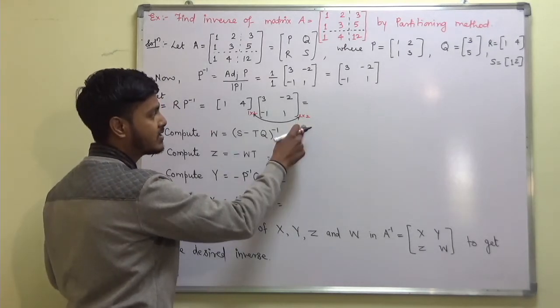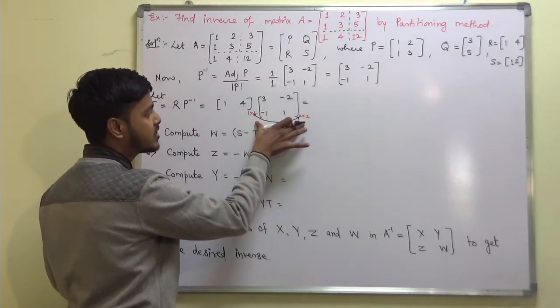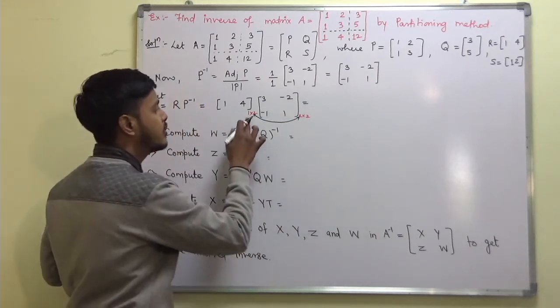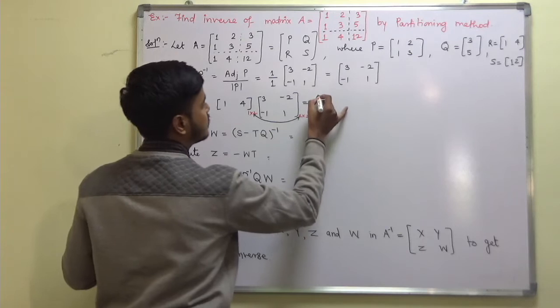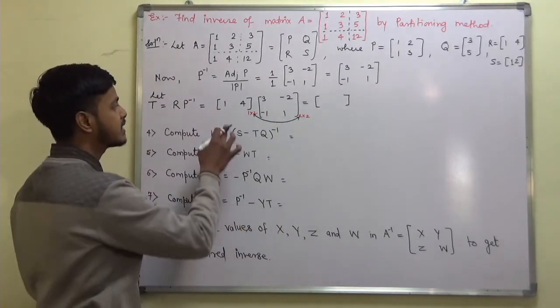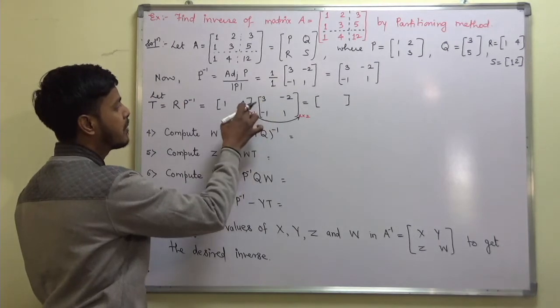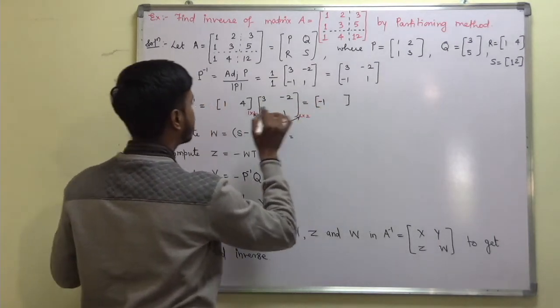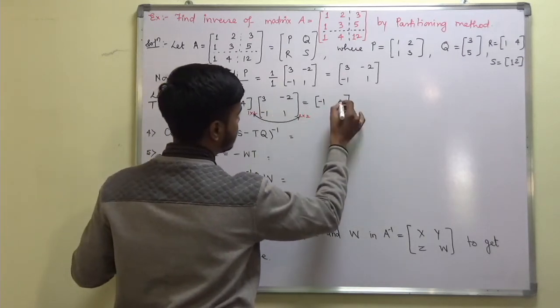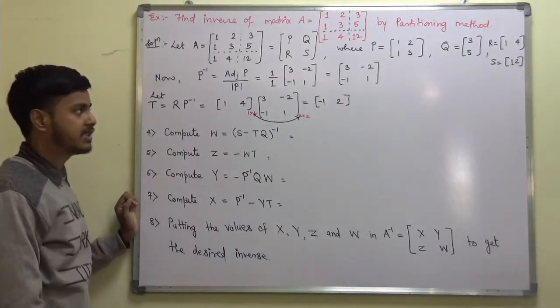Now as you can see, these are matching. So the resultant matrix will be of the order remaining, 1 by 2. Okay, so what is the matrix multiplication? 3 minus 4 is minus 1, and minus 2 plus 4 is plus 2. So here I am getting this.